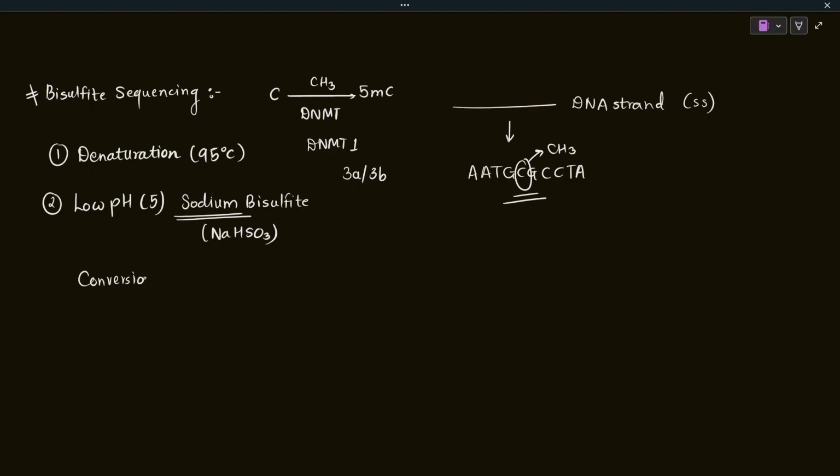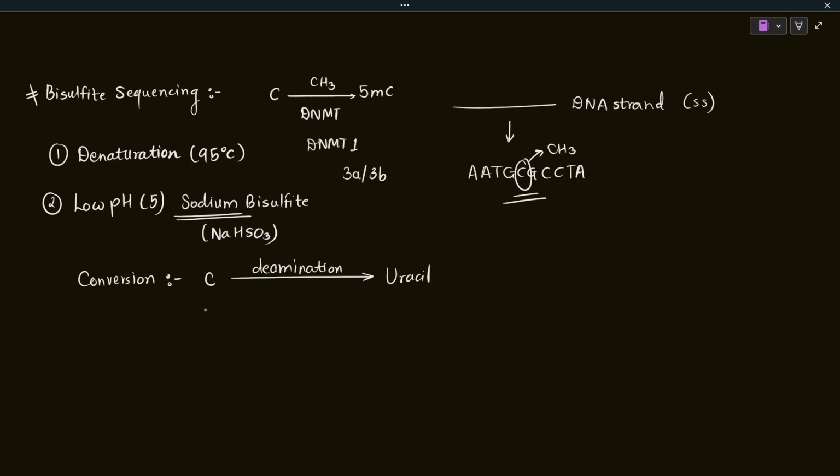So what is the conversion reaction? It will deaminate the cytosine. Deamination of cytosine results in uracil. So due to addition of sodium bisulfite, the cytosine on the DNA strand gets converted to uracil.